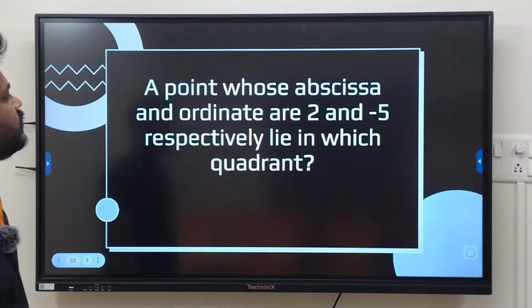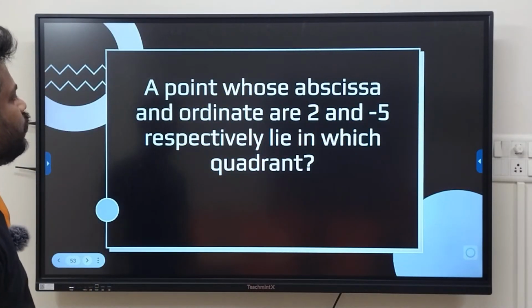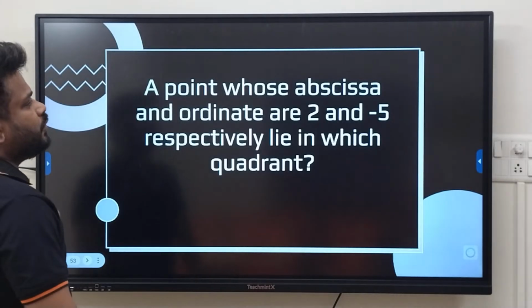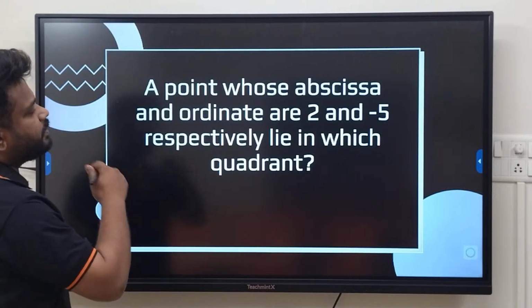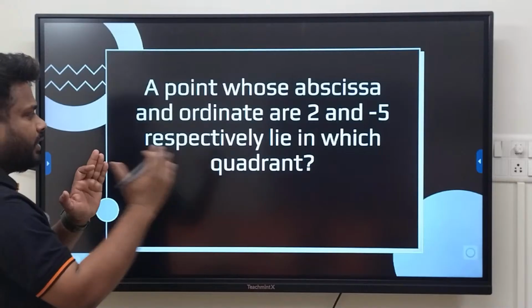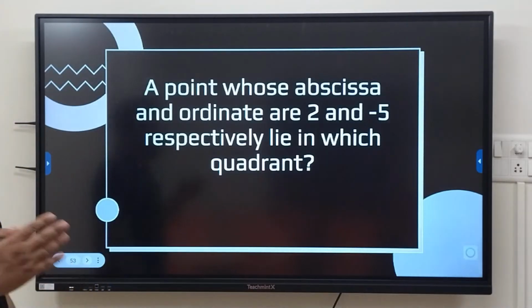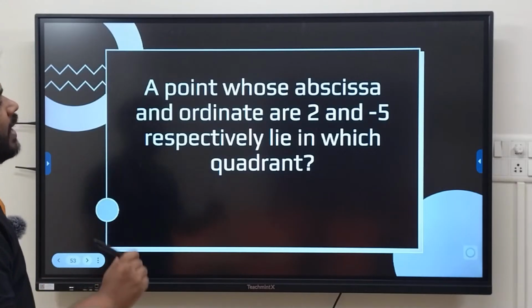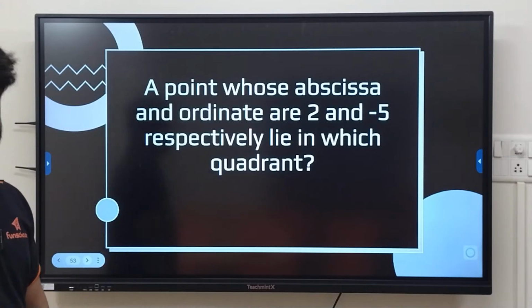A point whose abscissa and ordinate are 2 and -5 respectively lies in which quadrant? We know that abscissa is the distance from the y-axis to the point, and ordinate is the distance from the x-axis to the point. So that will be (2, -5), and it will lie in the 4th quadrant.